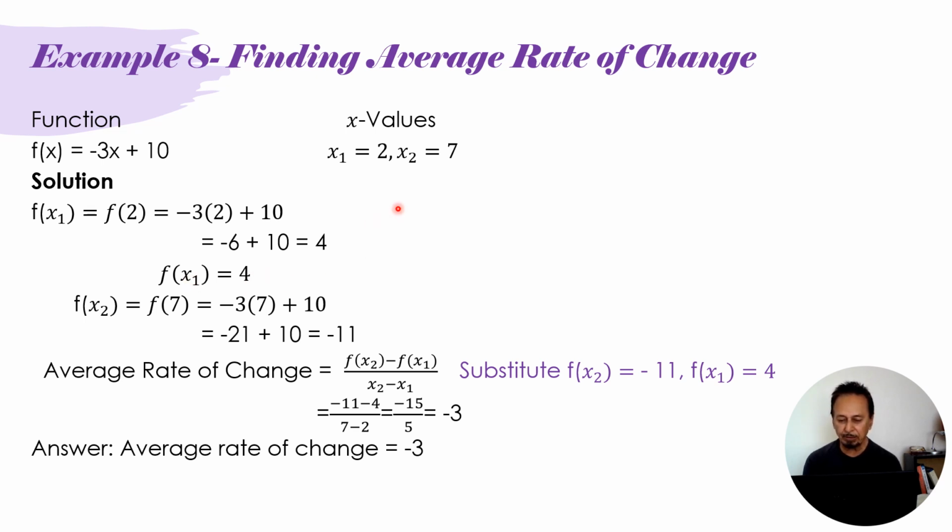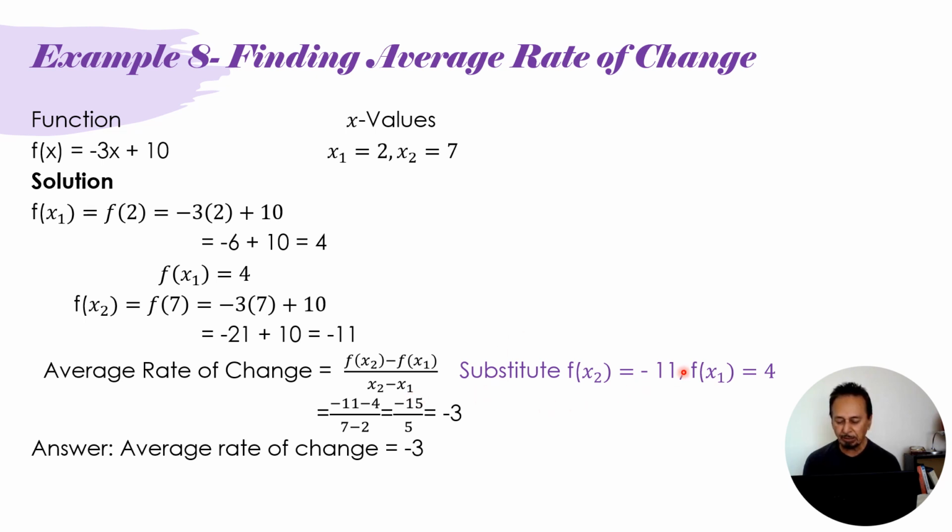Next, we're going to find f of x2, and x2 is 7. So f of 7 is -3 times 7 plus 10. -3 times 7 is -21, plus 10 equals -11. Now we use the formula. The average rate of change is f of x2 minus f of x1 over x2 minus x1.